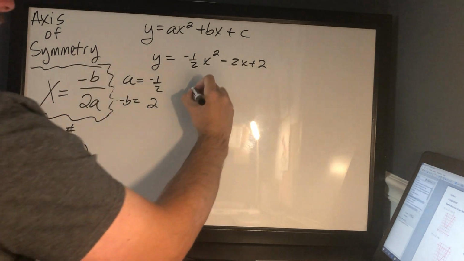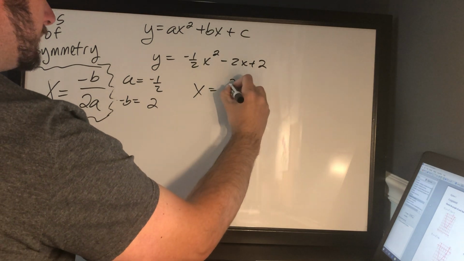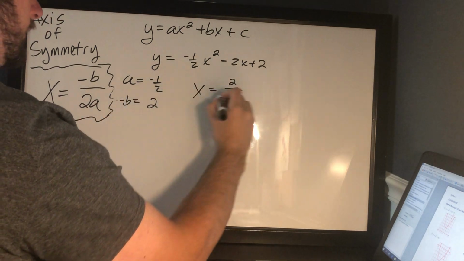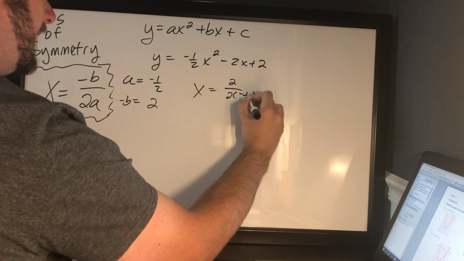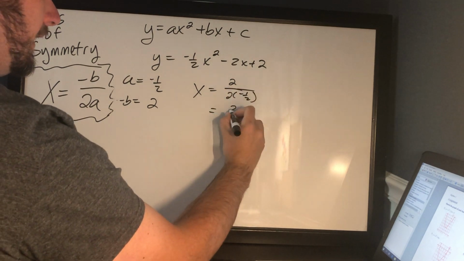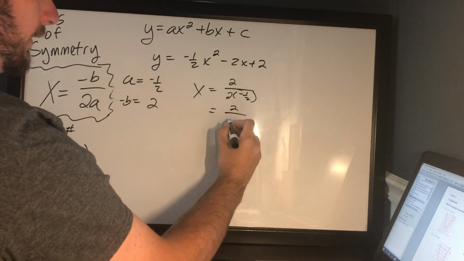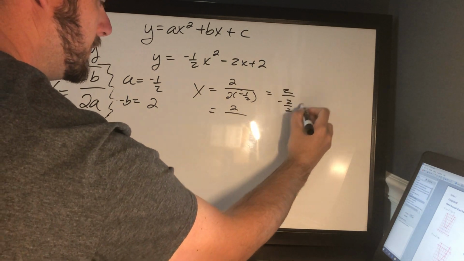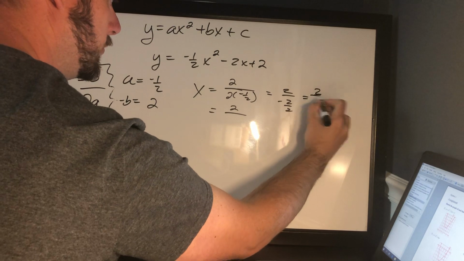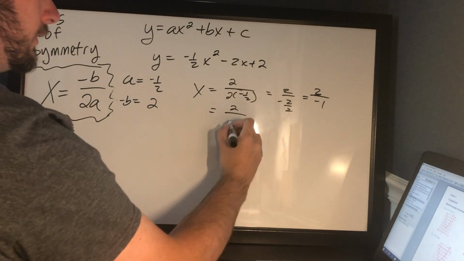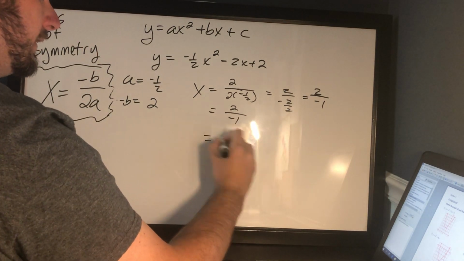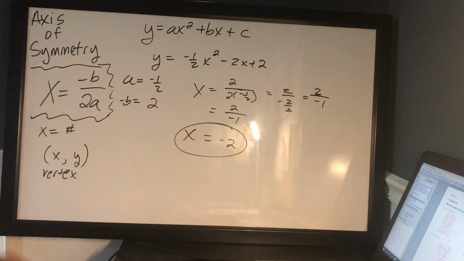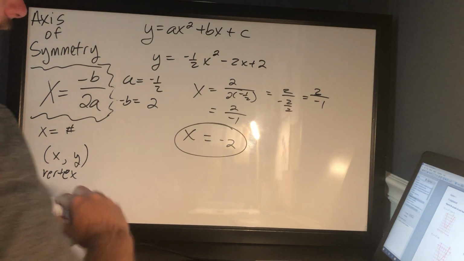We plug these into the formula: x equals 2 over 2 times negative 1/2. 2 times negative 1/2 is negative 1, which becomes 2 over negative 1, and 2 over negative 1 is negative 2. So the axis of symmetry is negative 2. Okay, let's look at another example.